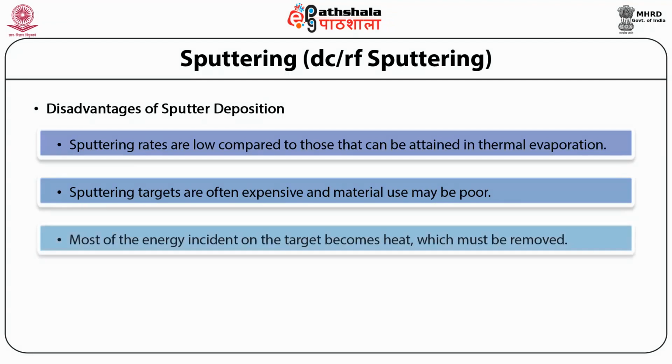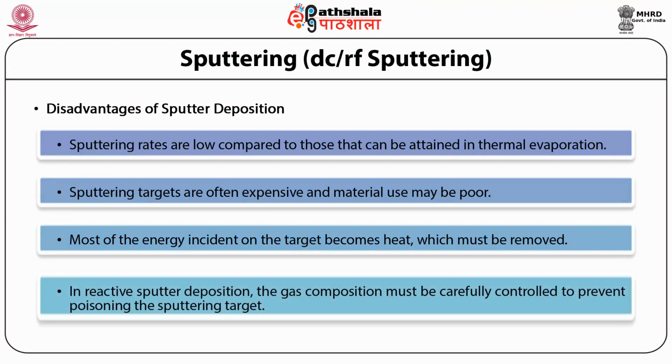Thirdly, most of the energy incident on the target becomes heat, which must be removed. Next disadvantage is that in reactive sputter deposition, the gas composition must be carefully controlled to prevent poisoning of the sputtering target.